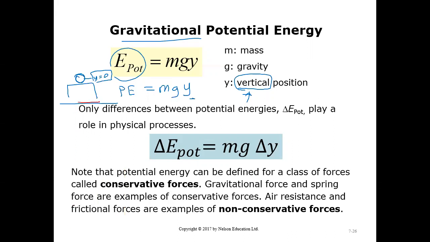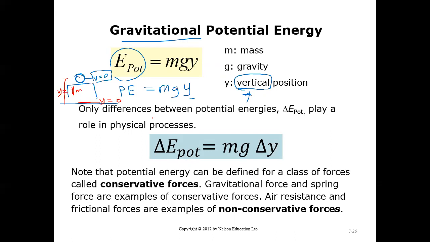You may choose y equal to 0 at the surface of the Earth. Then y is not 0. For you, the y, let's say, is 1 meter high. So for you, the potential energy will be m times g times 1 meter. It is not 0. So it's up to you. You can choose wherever you want y equal to 0 to be. Is that clear?